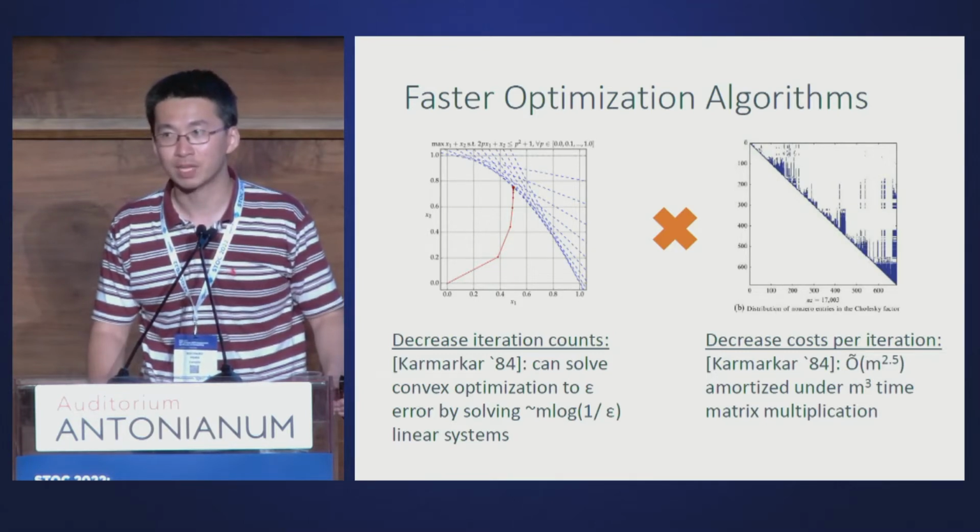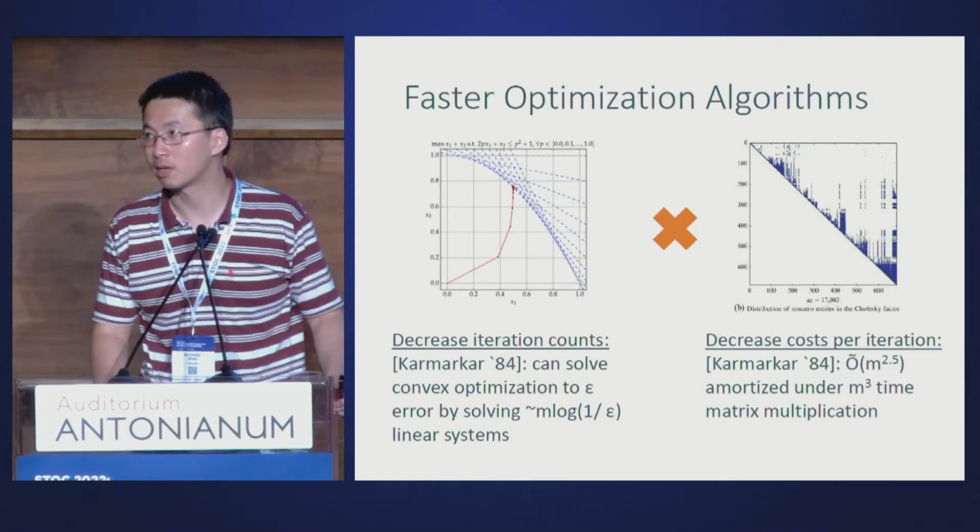But the very interesting observation from Karmarkar's result was that even if you use n-cubed matrix multiplication, the amortized cost per iteration of his linear system is something like m to the 2.5.